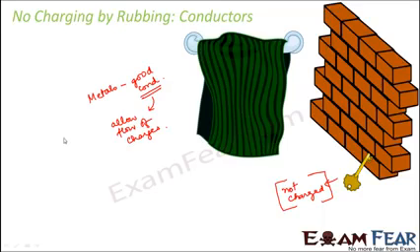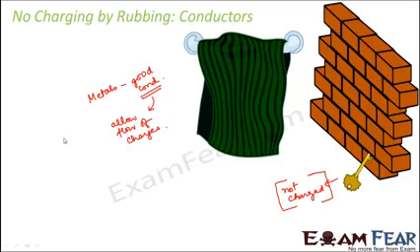If there is no excess charge present, obviously that object is not charged. That is what we learned, right? If an object has to be positively charged, there has to be some excess positive charge. If an object is negatively charged, then there has to be some excess negatively charged electrons. But if the charges are just flowing through the conductor, that means there is no excess charge remaining on the conductor, and therefore the conductor is not electrically charged.